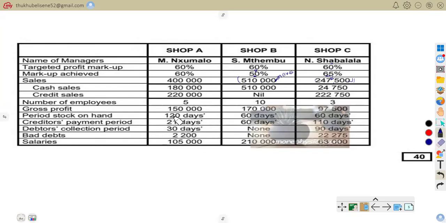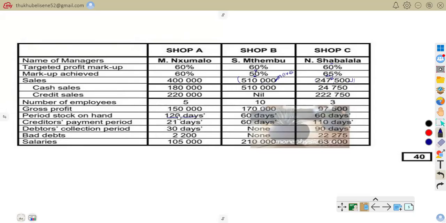So let's first start by shop A. If you can look at the days of its stock on hand. So if you can look at the days, you can see shop A, the period stock on hand is 120 days. So this is too high, as you can see.